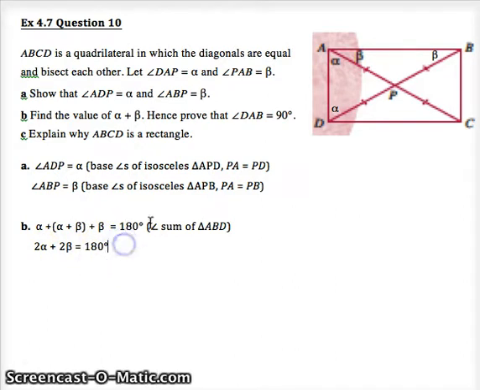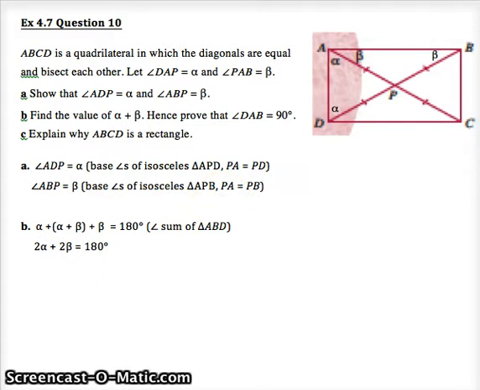Now we must put the reason for this, and the reason is that it's the angle sum of triangle ABD. Now you must state which triangle you're working in, because I think we've got 8 different triangles that could be drawn up from that diagram. So it's very important that you state which triangle you're working in.